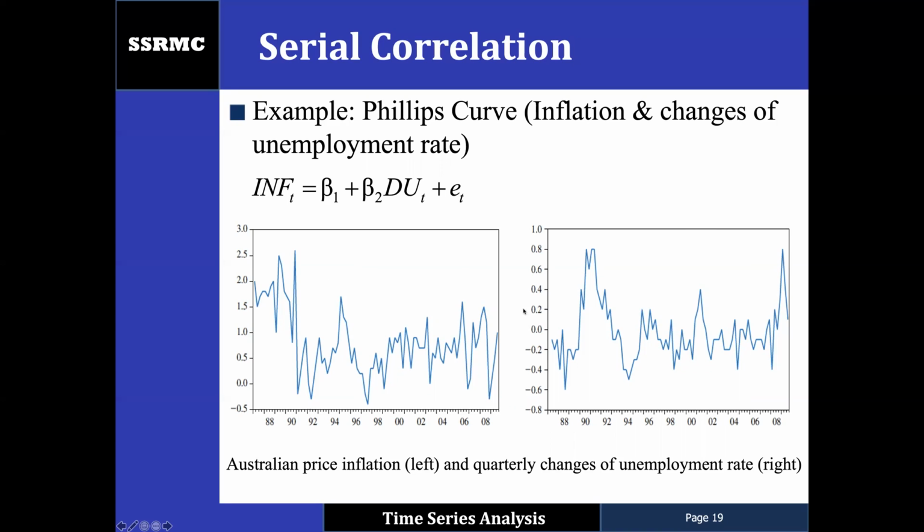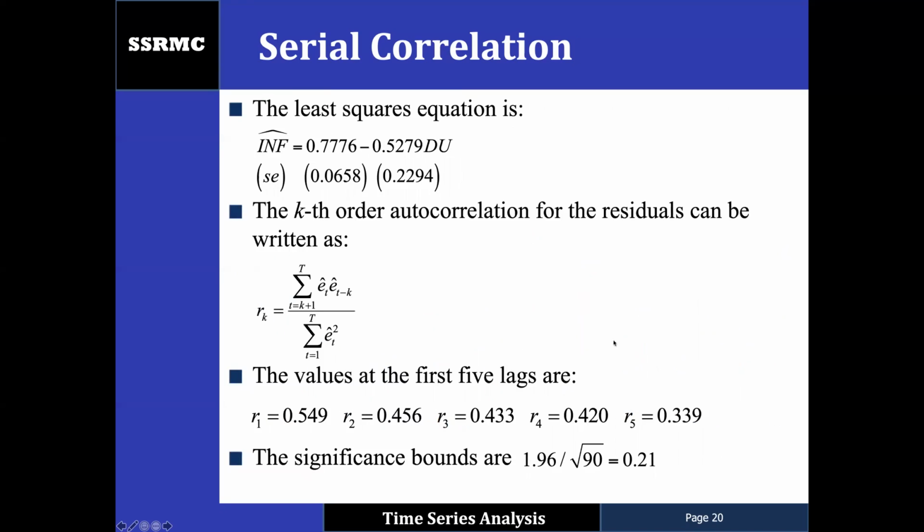On this slide, I also give you two time series line charts. That's the data from Australia. On the left-hand side is the price inflation, INF, over time. On the right-hand side is the change in the unemployment rate, DU. Visually, the relationship isn't that clear, so let's see what the model can tell us.